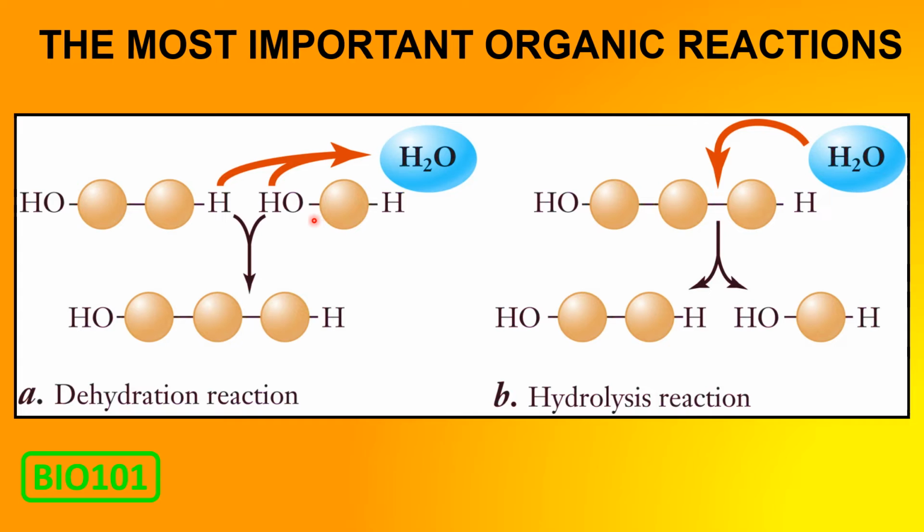To get rid of water, we pull an OH off of one and the adjacent H off of the other. Those two join together, and that's your water. That leaves these two ends open, and they can link together to form your compound. So we're synthesizing this compound by removing water from the reactants, by dehydrating the reactants. There goes your water off into solution.